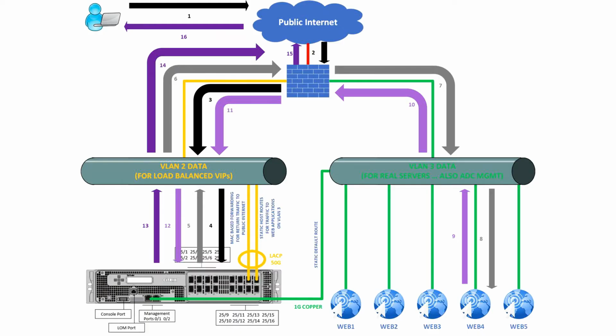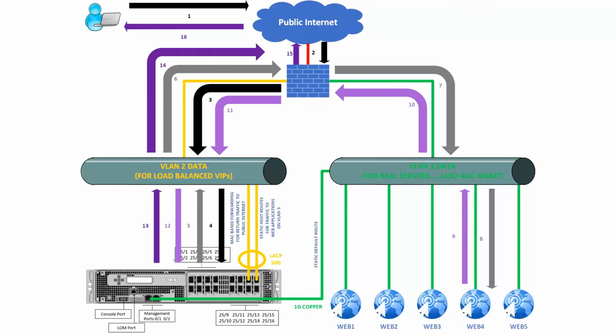We left off the last video with a solid description of the problems with the configuration we found when we walked into the project. 1. There was a physical connection between the ADC and the DMZ and the internal networks, and the management IP, NSIP, of the ADC was on the internal network. 2.